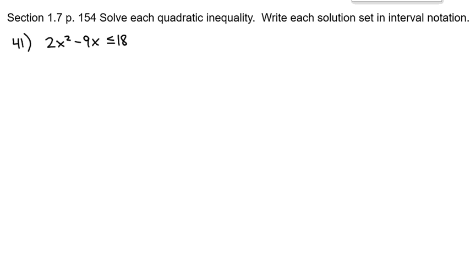Okay, we are going to use a method known as the critical point method. This is not the only method, but it's a good algebraic method which has applications for other problems down the road, so it's a good thing to practice. The first thing we want to do is we want this to say less than or equal to 0, not less than or equal to 18.